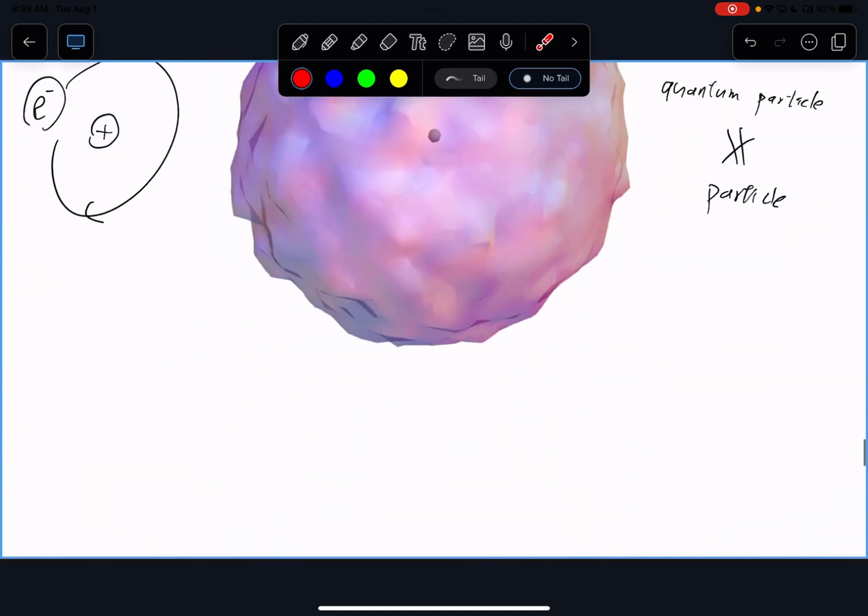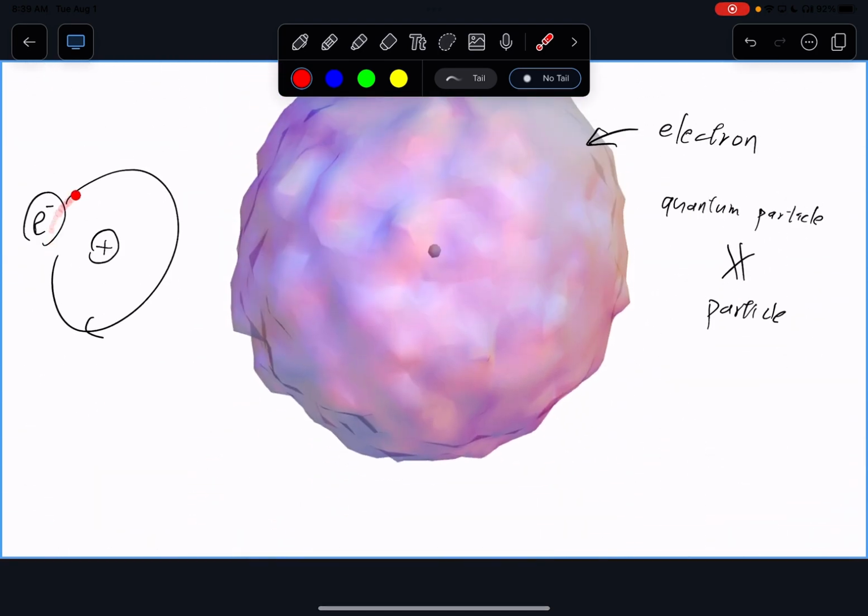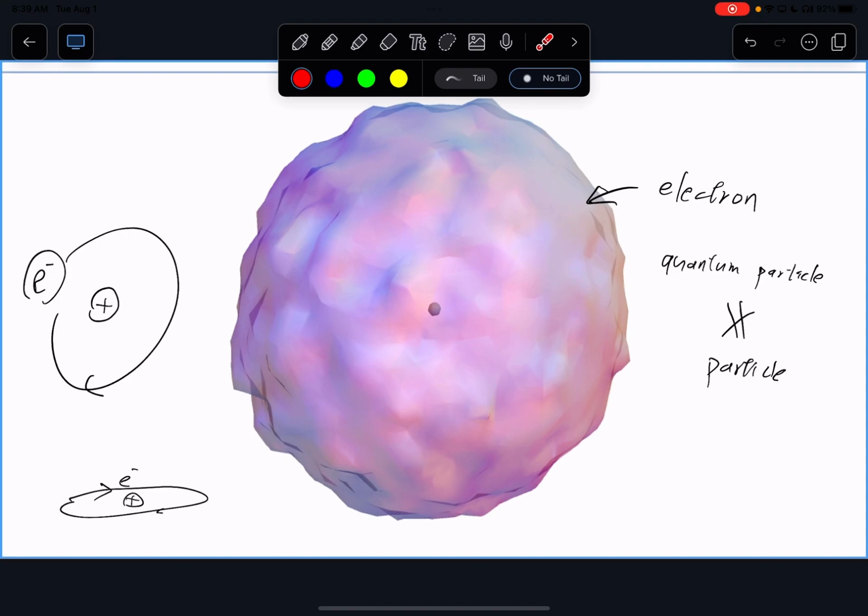If atom is like a solar system with electron orbiting around a core, it should look flat like a pancake, right? But you know atom does not look like a pancake. So there's no way that this is correct, and indeed this is incorrect. The real atom looks something like this, and electron is not a particle.